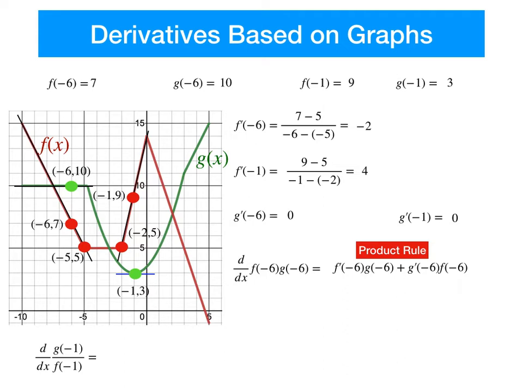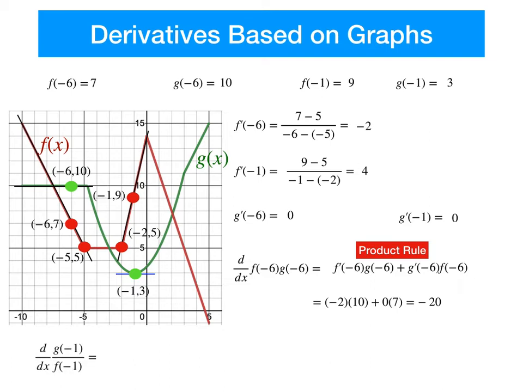We know the formula and we know all the information for this formula. So we just plug in negative 2 times 10 plus 0 times 7 to get that the derivative of f of negative 6 times g of negative 6 is negative 20.